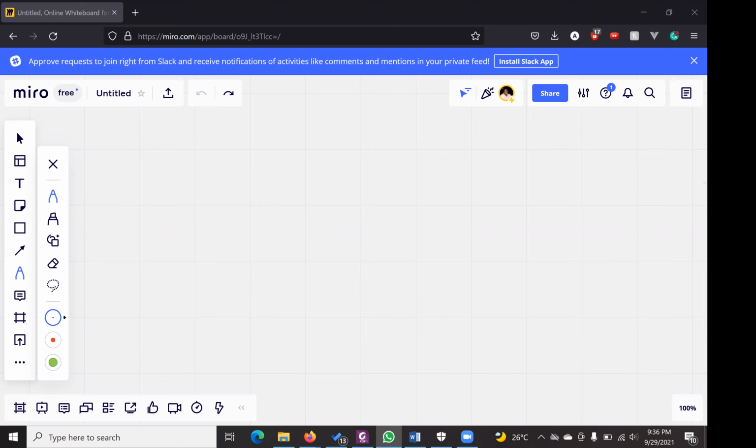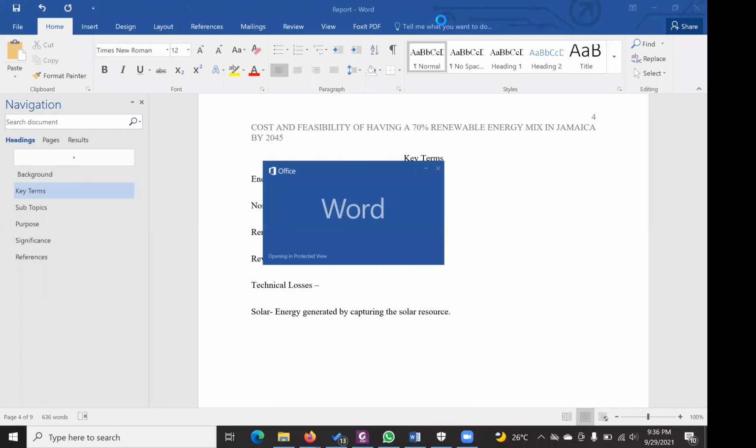Let's see what tutorial 2 is saying. Tutorial 1, sorry. All right, so it says the surface area of a sphere.